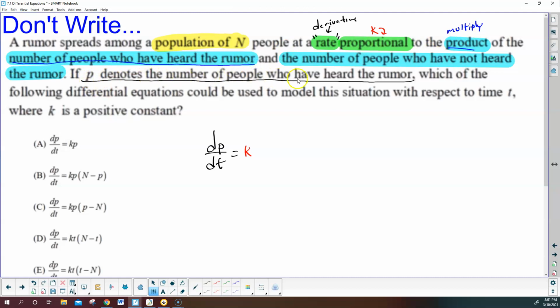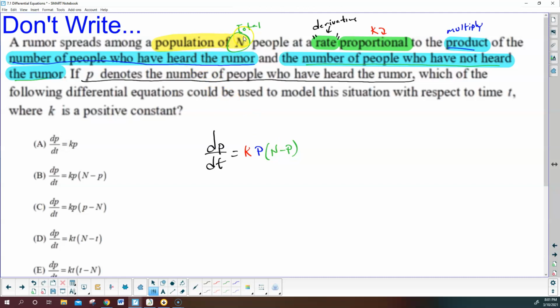Well, wait, P denotes the number of people that heard the rumor. So we're going to multiply P times the number of people who have not heard the rumor. Now that's the interesting part. We know we have a total of n people. So if I take n minus p, p is the amount of people that heard the rumor.